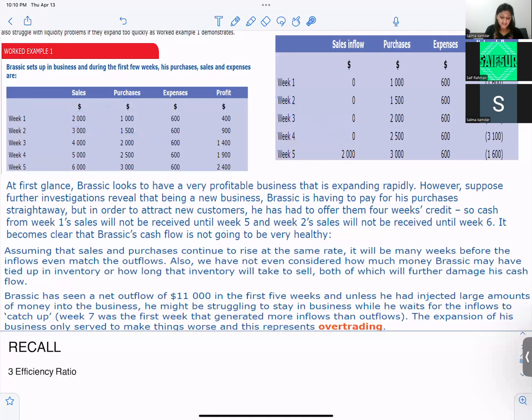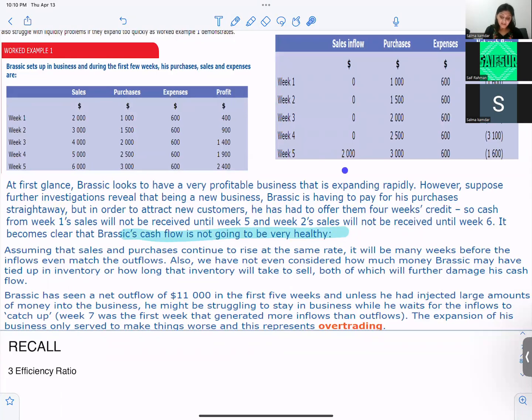So his cash flow is not very healthy. Do you agree? Assuming that sales continue to rise in the same way and purchases also continue to rise at the same rate, it will be many weeks before the inflow matches the outflow. Do you agree? Also, if he still wants to continue his business after week 5, he may have to arrange for this money.